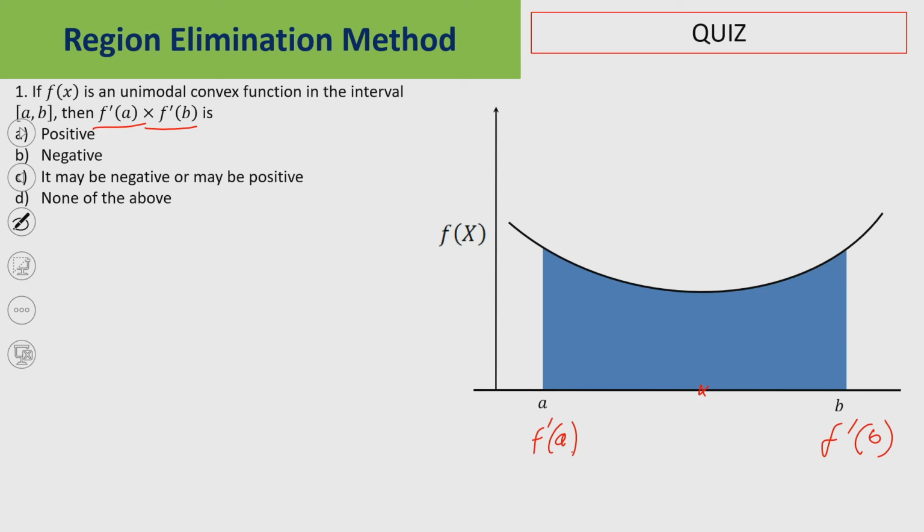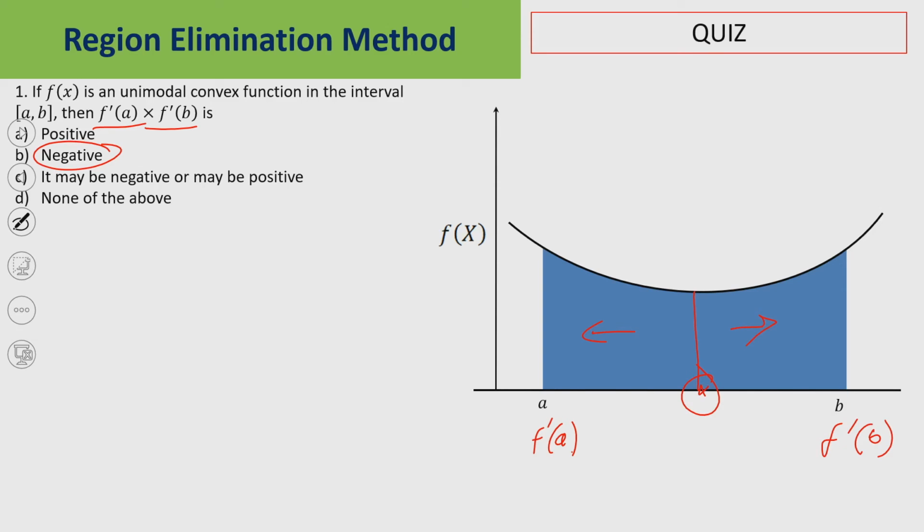So the slope on this side will be negative, and on this side will be positive. Therefore, if there is an optimum solution, the sign of f'(a) times f'(b) should be negative, because one will be negative and one will be positive. So the product will be negative. So the answer is negative.